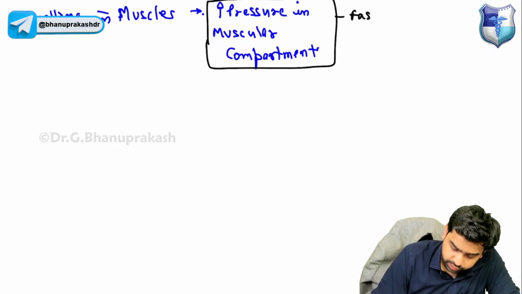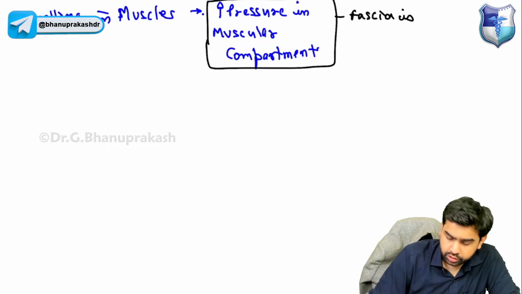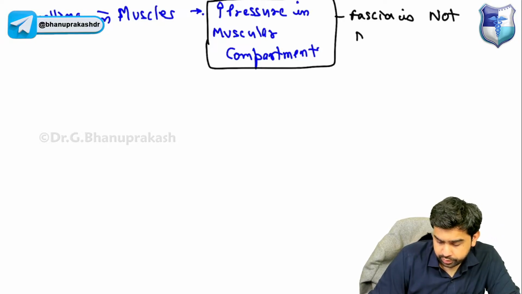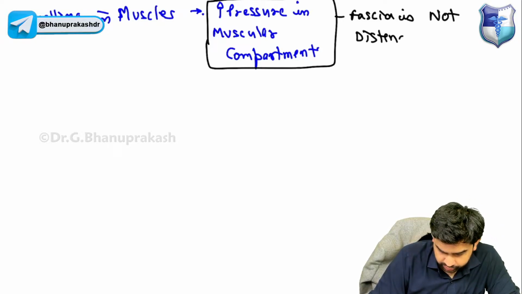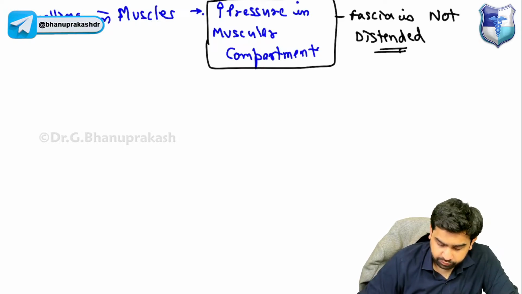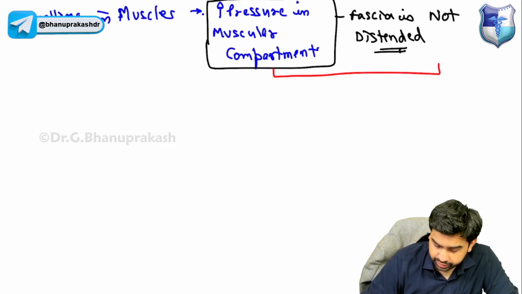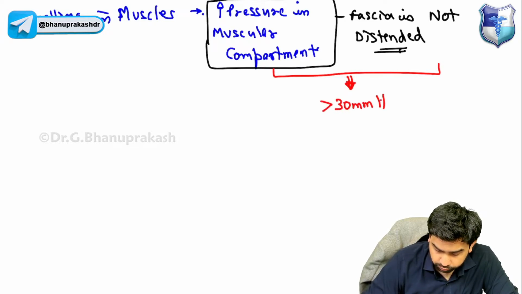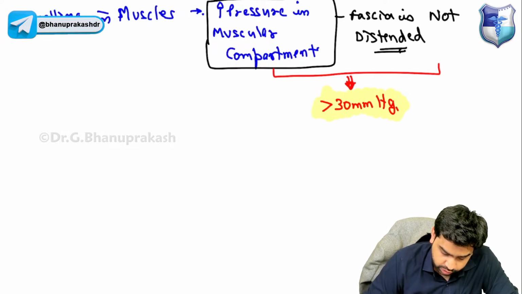And if this pressure inside the muscle compartment rises more than 30 millimeters of mercury, this is what is your capillary closing pressure.